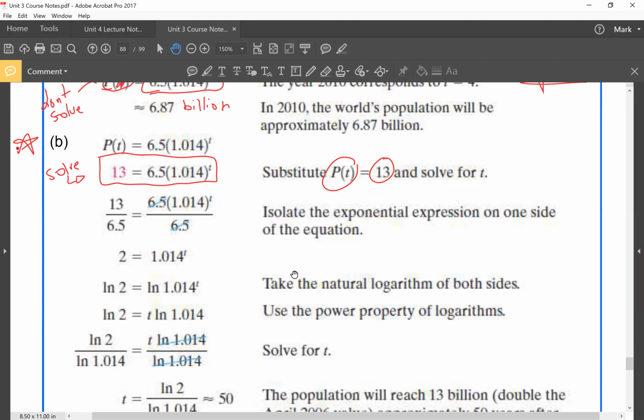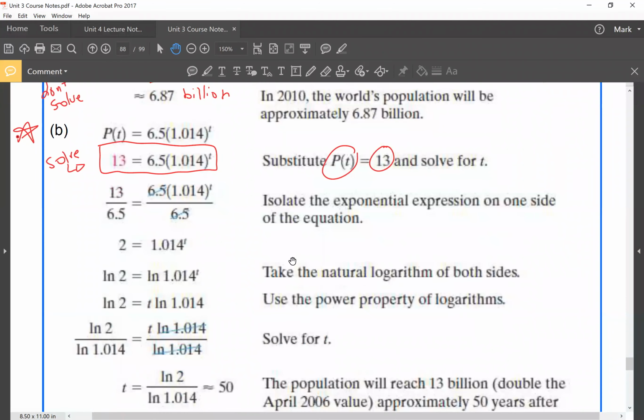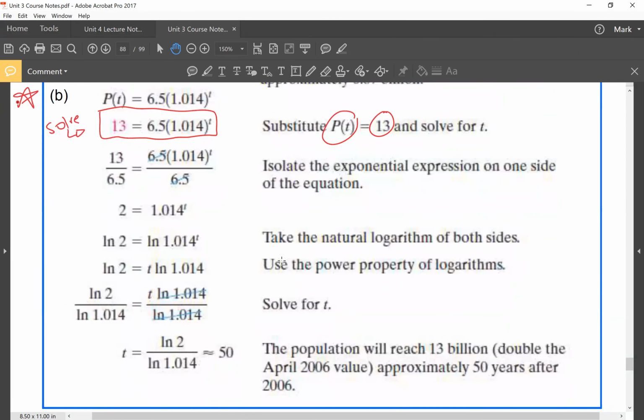What we can do is simplify the equation as much as possible. We will still have an x or an unknown as an exponent. So remember our steps from Thursday. We're going to isolate the exponential expression: simplify as much as we can and keep the exponential on one side of the equation. But there's a problem.